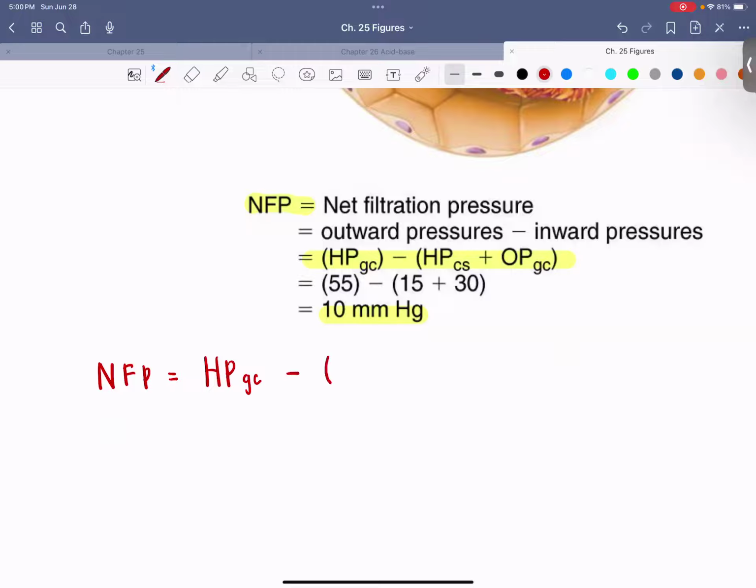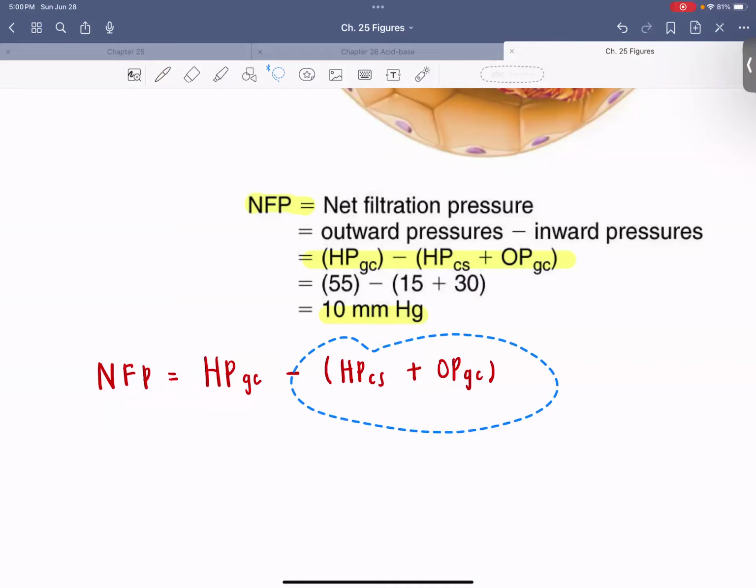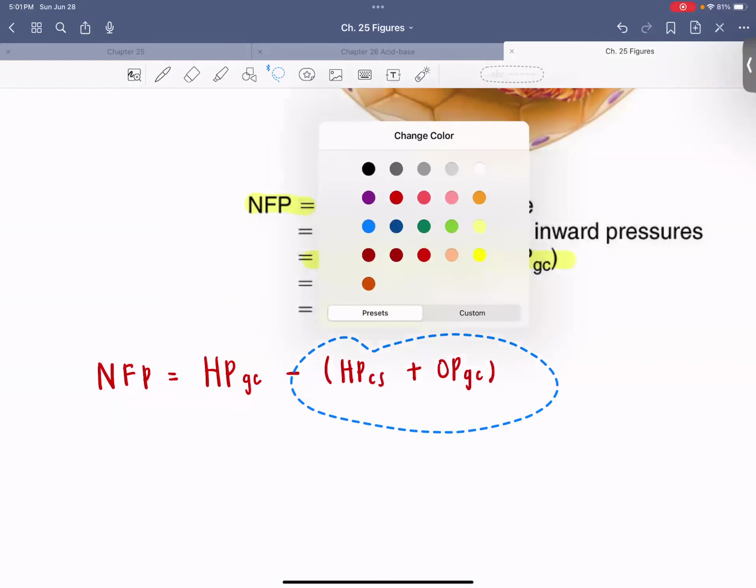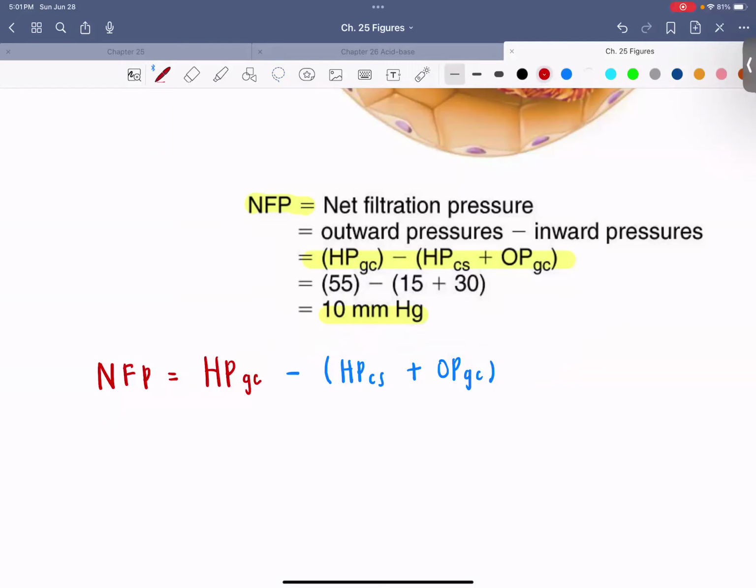It's opposed by two forces: the hydrostatic pressure of the capsular space and the osmotic pressure of the glomerular capsule. I'm going to do these two in a different color just to illustrate the opposition that the hydrostatic pressure of the capsular space and osmotic pressure of the glomerular capsule have on the hydrostatic pressure of the glomerular capsule.